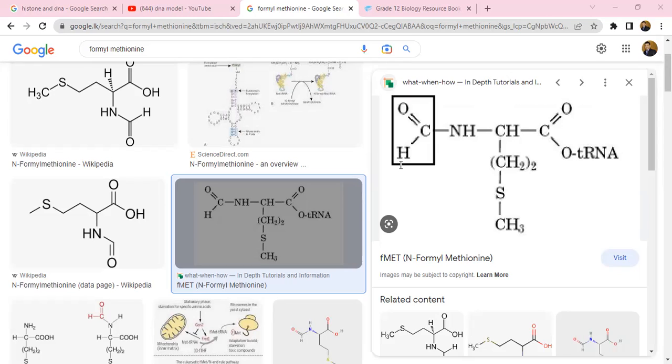Instead of that hydrogen, if this group, the aldehyde group, is present, what is the name of this group? Formyl group. Now, what is the name of this amino acid? Formyl methionine. Can you understand the difference between methionine and formyl methionine? Yes, sir.